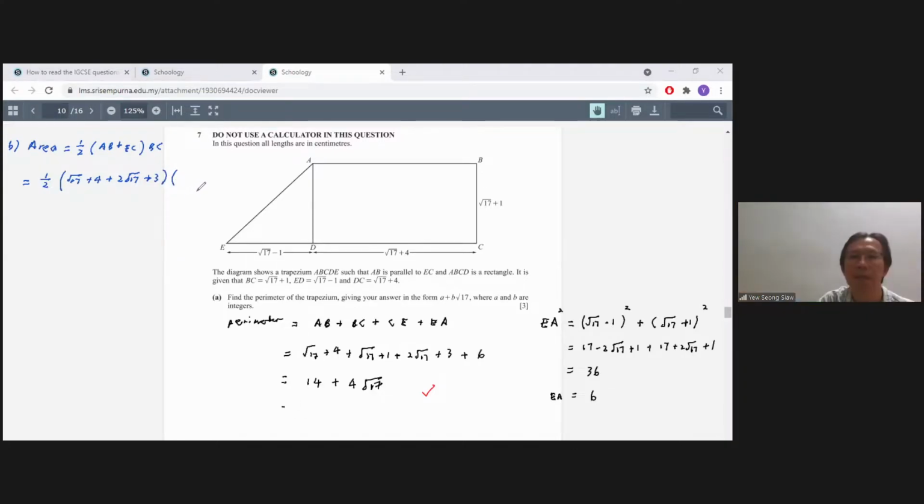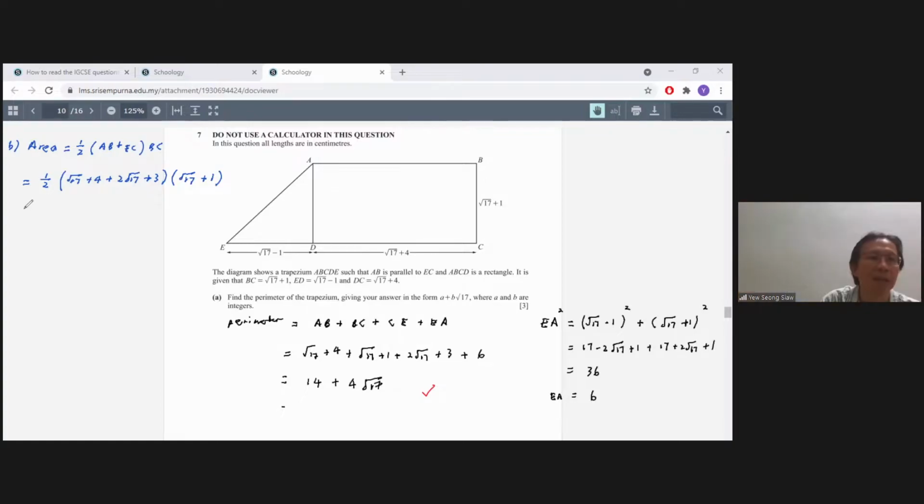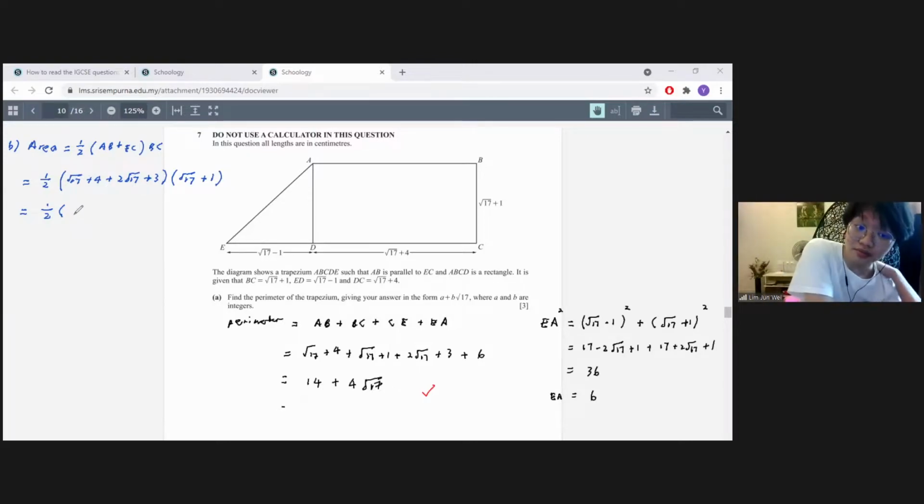And BC, surd 17 plus 1. Yeah, so simplify. How many surds inside? 3. 3.